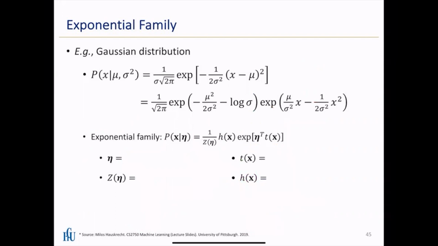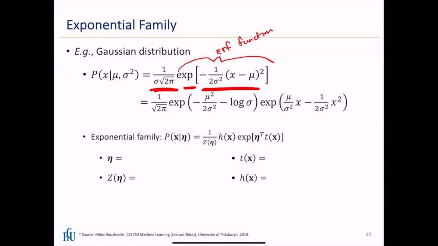Now let's try to do the same on the Gaussian distribution. The Gaussian distribution is given as 1/(sigma root 2 pi) times exponent of minus the square of the difference between my observation and the mean, over 2 sigma square. By the way, this is called the error function.